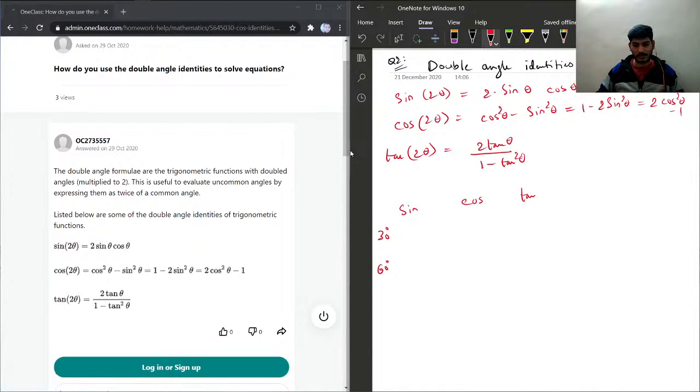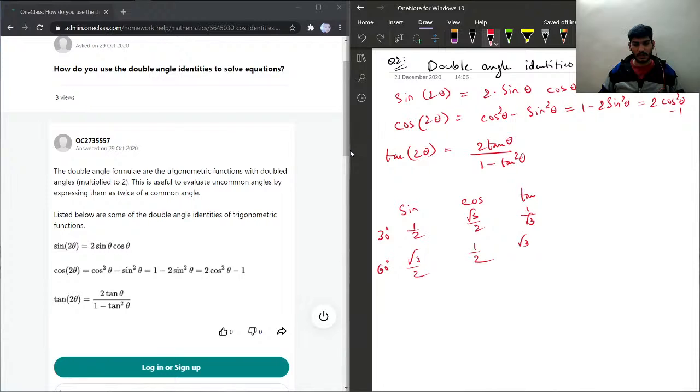I remember the values for 30 degrees: half, root 3 by 2, 1 by root 3, and for 60 degrees, root 3 over 2, half, root 3.